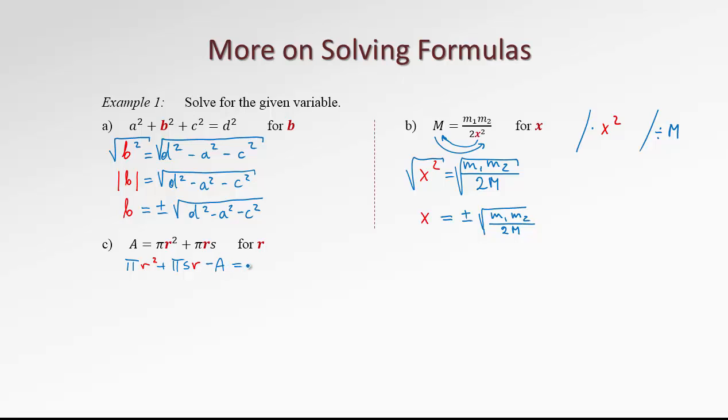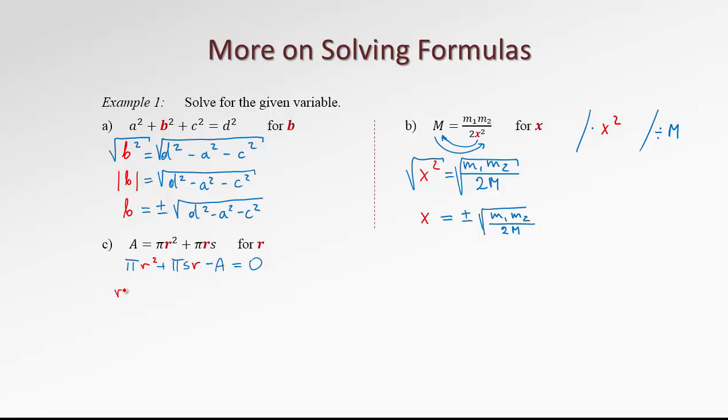minus a equals 0. So now the left-hand side of the equation is a quadratic trinomial with respect to r, with coefficients pi, pi s, and negative a. And since any quadratic equation can be solved by using the quadratic formula, we can apply this strategy here.